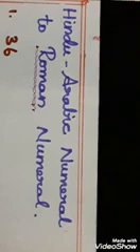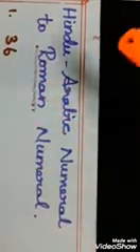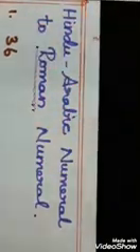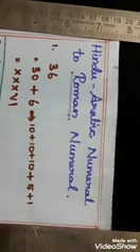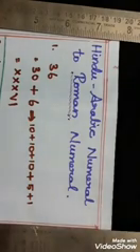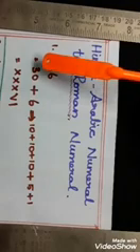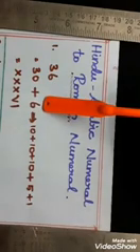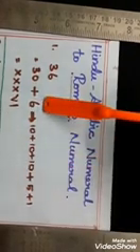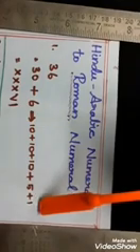Now we are going to see how to write the Hindu-Arabic numeral as a Roman numeral. Take the number 36. The first step is to expand the given number 36. It can be expanded as 30 plus 6. 30 can be split into 10 plus 10 plus 10 and 6 can be split into 5 plus 1.